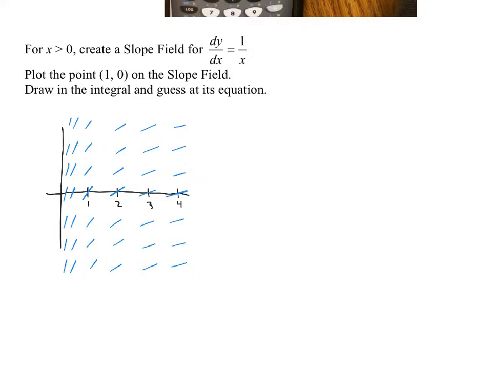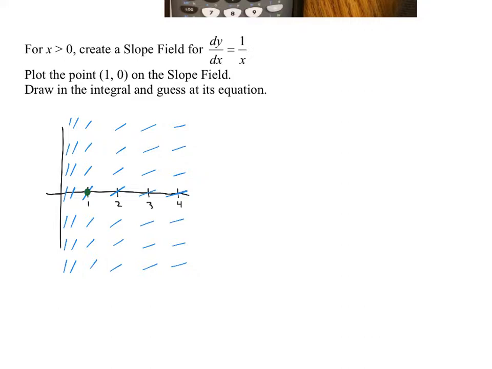So if I were to graph this and put the point (1, 0) on here, what is this going to look like? What would the original function look like?